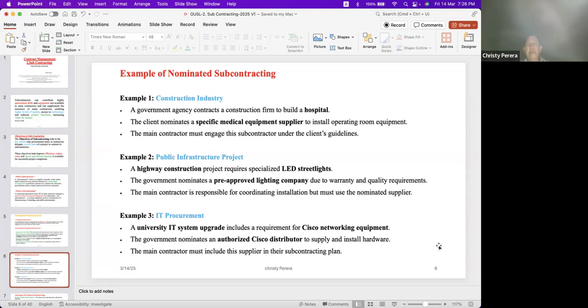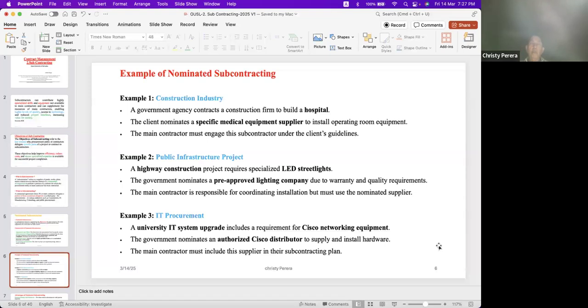I will give most of the guidelines on how to do it. But the main contractor also has a large area of responsibility. The main structure, the main thing has to be done by the main contractor.